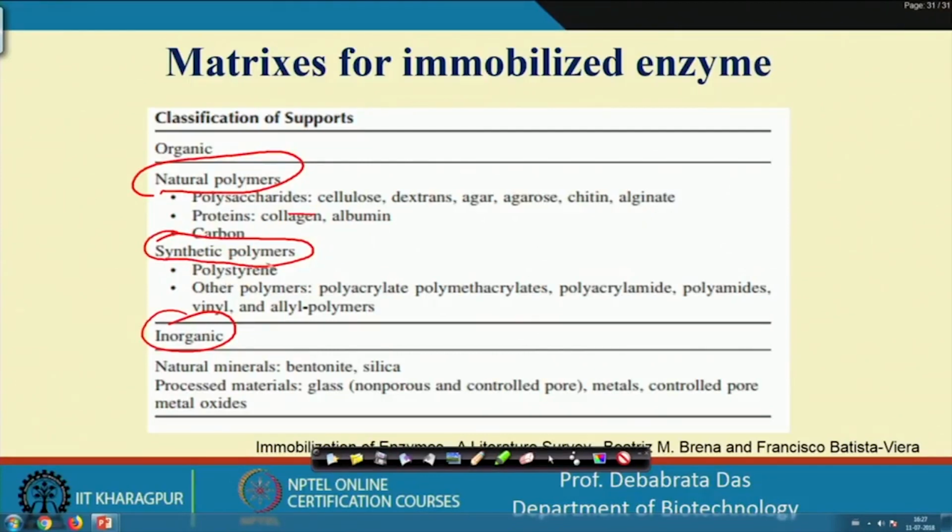Carbon. In synthetic polymers, we have polystyrene and other polymers, polyacrylate, polyacrylamide, etc. In inorganic materials, we have bentonite clay, silica, and glass, which are largely used by industry.